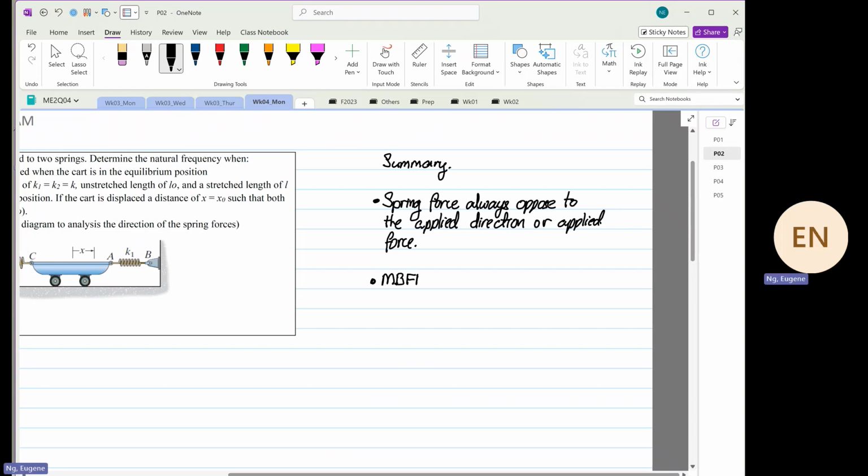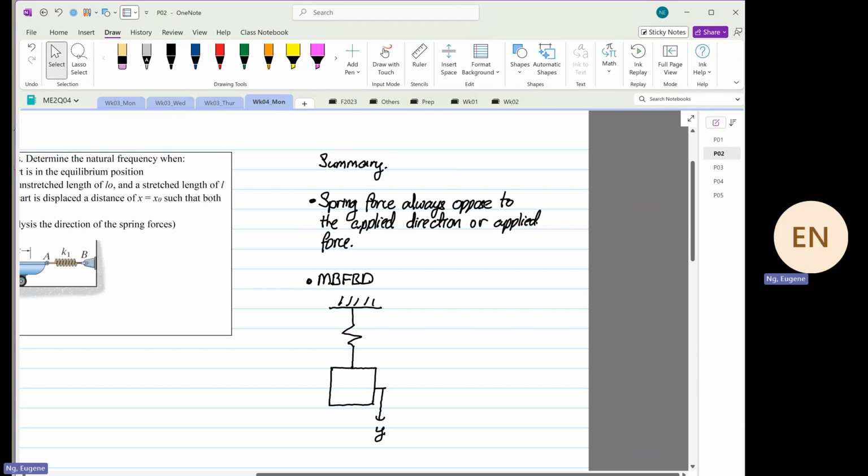Remember we did this. When we draw this, let's draw in a conventional way. When you have a spring and damper system, and this is Y, when the spring is in tension, first we go for tension.